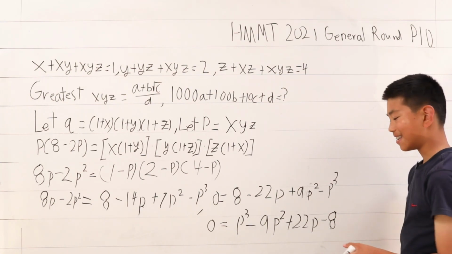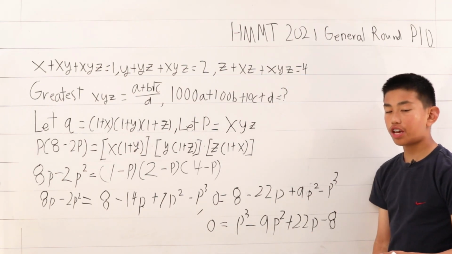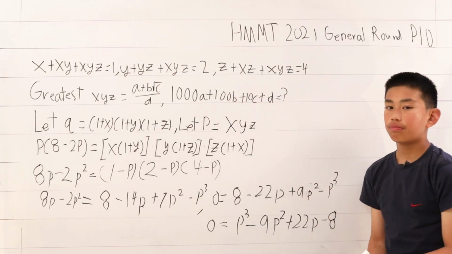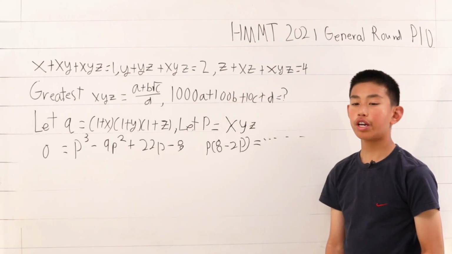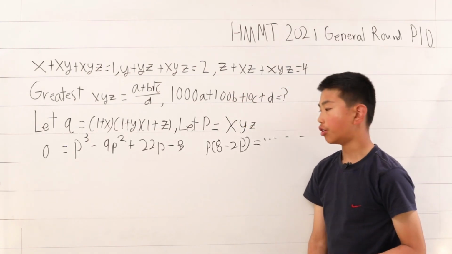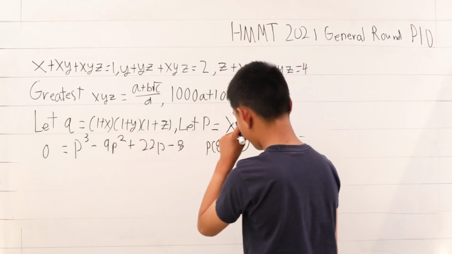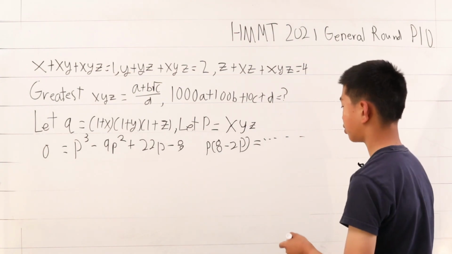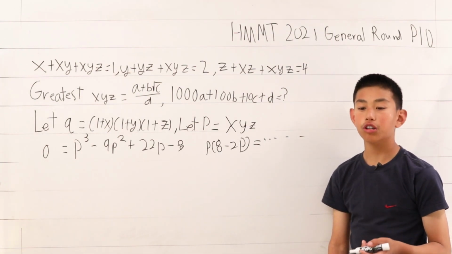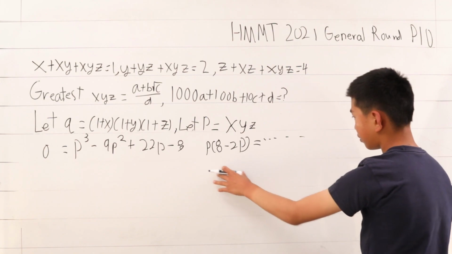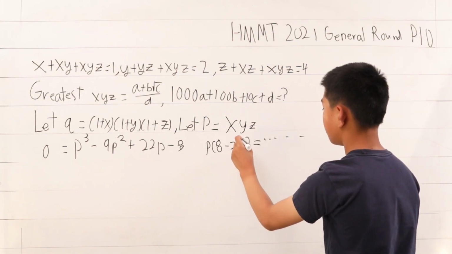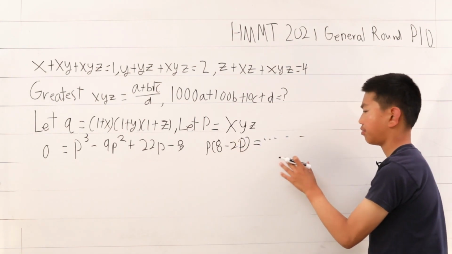So we have a new formula here, and we can factor it into possibly a few cases in which we solve for them, find the greatest one, and just simply find this. All we have to do right now is find the roots of this cubic polynomial. We actually already have one of the roots. So recall from earlier that on the left-hand side, we have p times 8 minus 2p is equal to something.